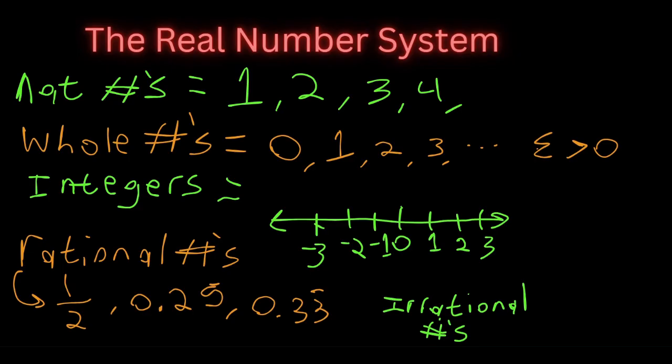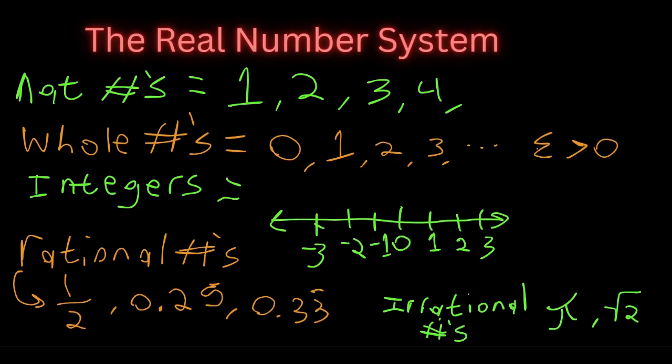Irrational numbers are numbers which have decimals which repeat on for infinity, or in other words, do not terminate. So, for example, a famous example, we have pi. Pi is an irrational number. Another example, the square root of 2 is an irrational number.